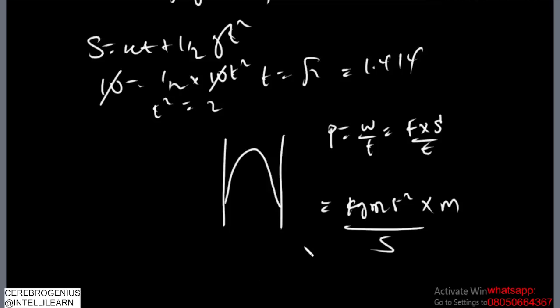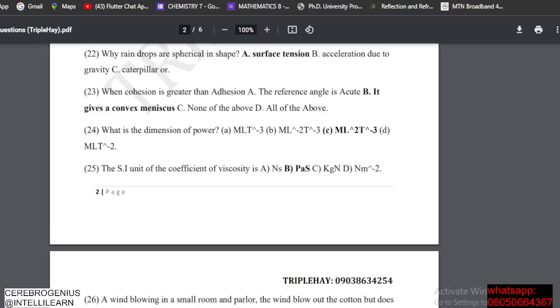Kilogram meter per square second is for force, meter is for displacement, then time is second. So this will become kilogram meter squared per second cubed. So that will be what? Kilogram is for mass, m is for length, and t raised to power minus 3. So it will be M L squared T raised to power minus 3. So that answer is also correct.